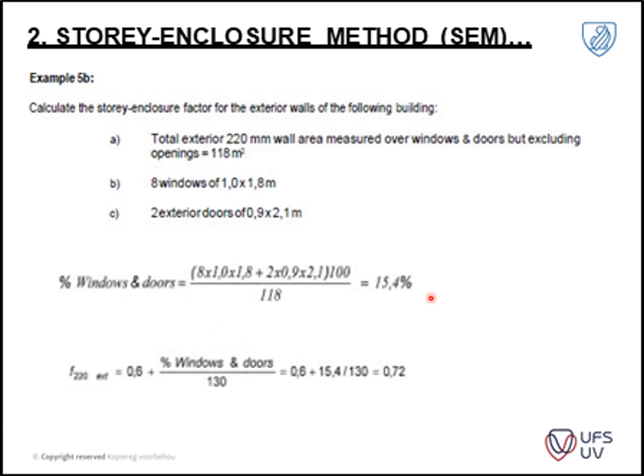And then you just add that percentage to your formula. So this is 0.6 plus the 15.5% divided by 30, which gives you a factor of 0.72.